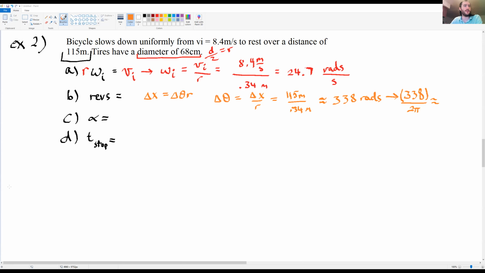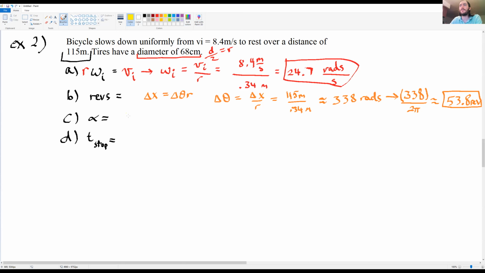And what we end up with here is 53.8 revolutions. So there is the answer. Let's go ahead and box our answers here. Box this one, box this one. We'll just go through the colors of the rainbow here as we go through the parts.